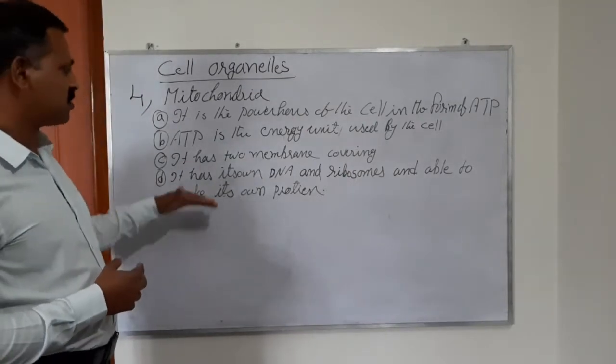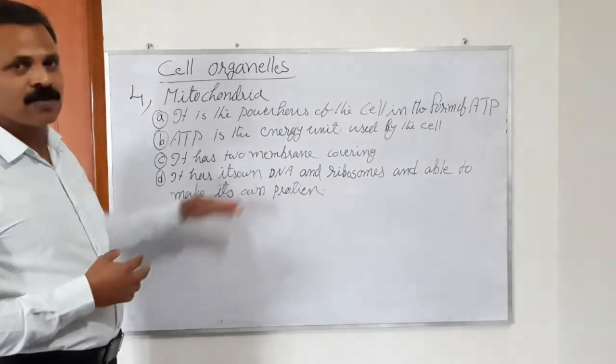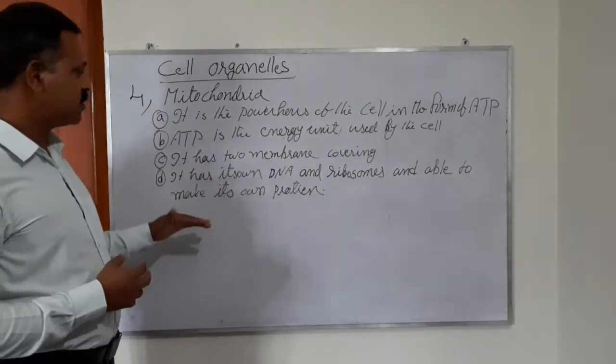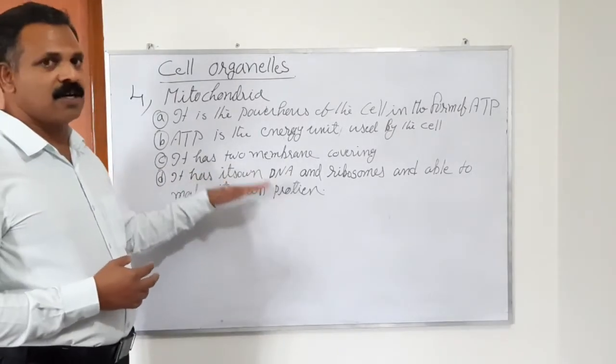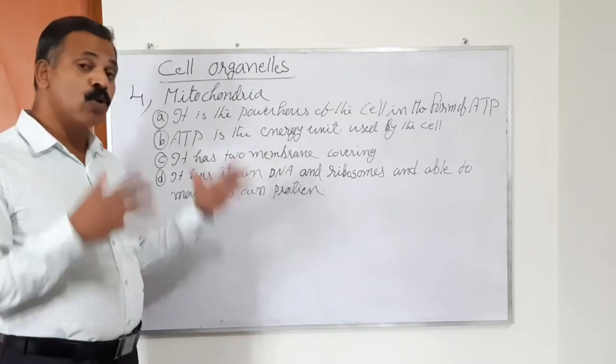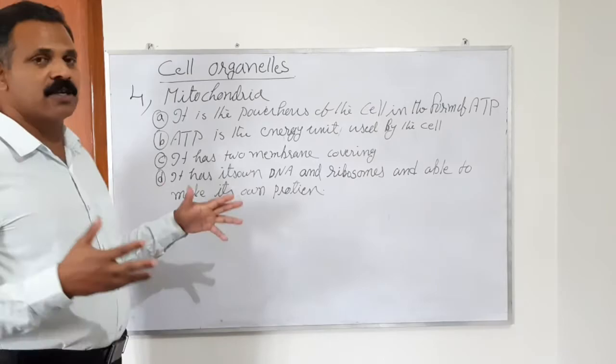This is a very strange thing related to the mitochondria, whereas the other organelles do not have this peculiarity. That's why it's a very specific character of mitochondria, that they have their own DNA and ribosomes, which help them to produce their own protein.